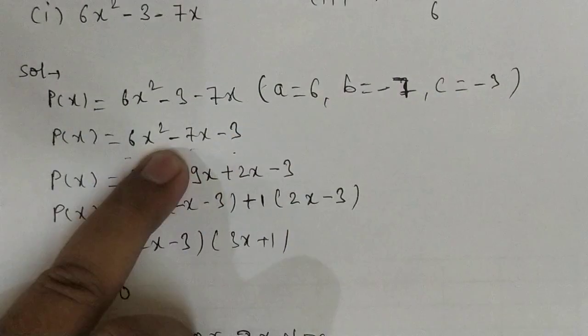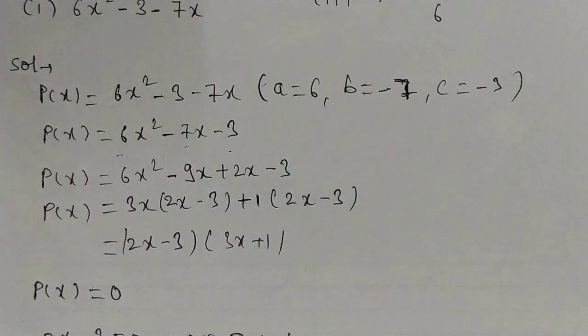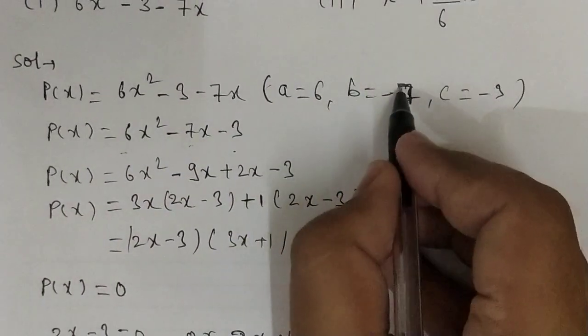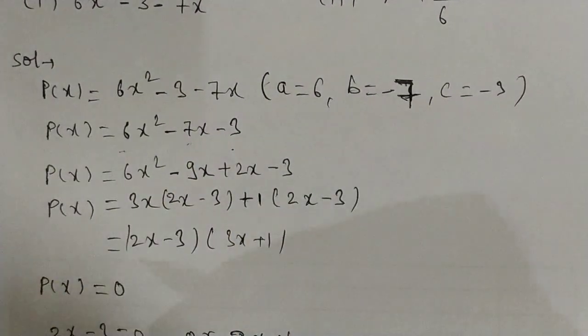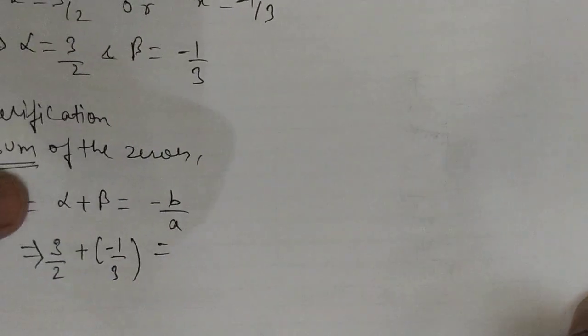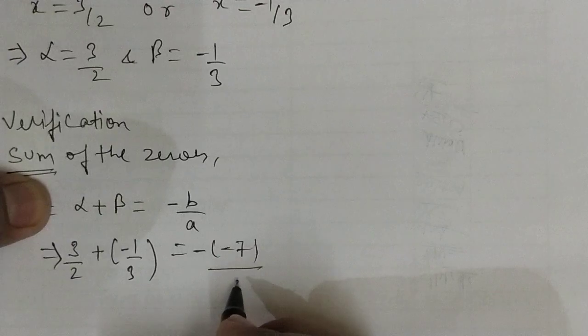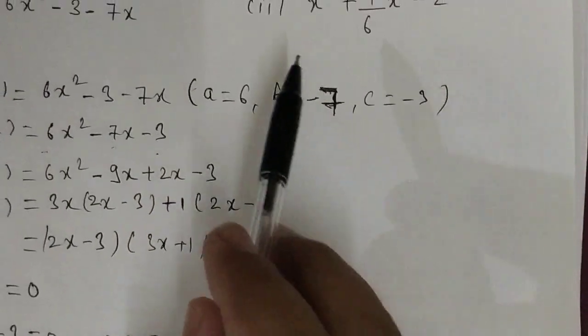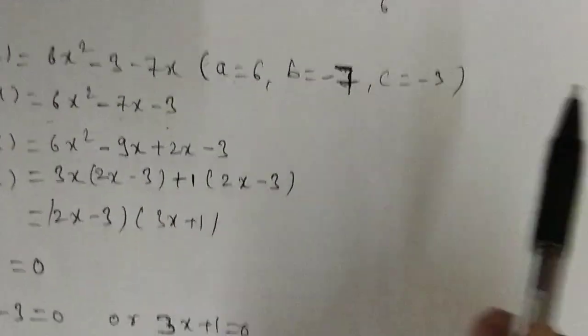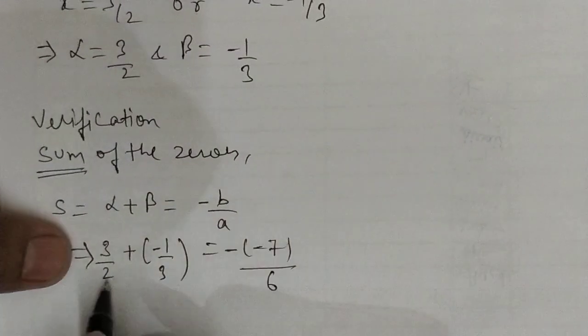So that value I will be using. So minus b by a means b is minus 7, so minus of minus 7 upon a, and a is 6. See here, a is 6, c is minus 3. Now simplify this.